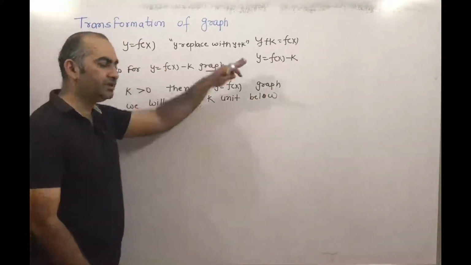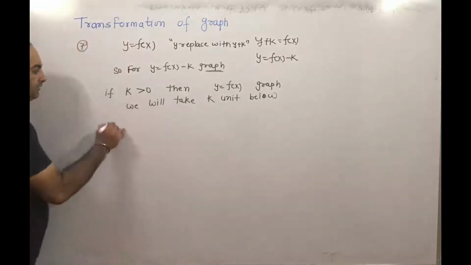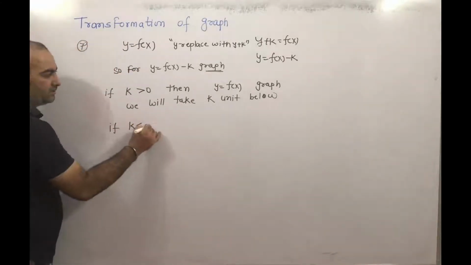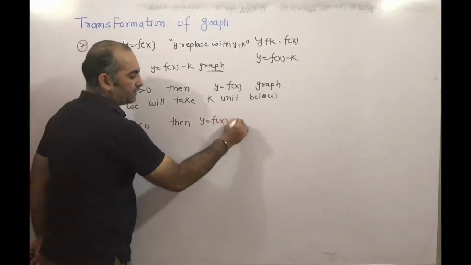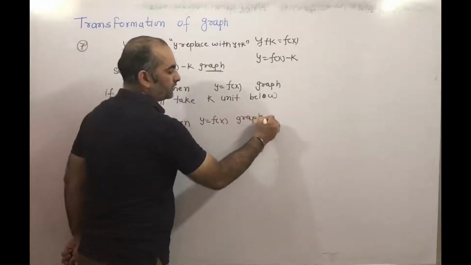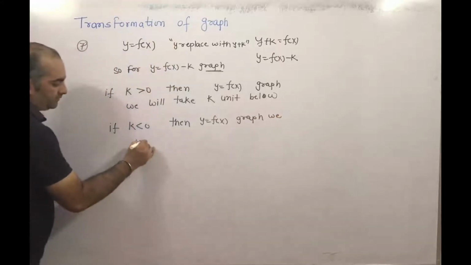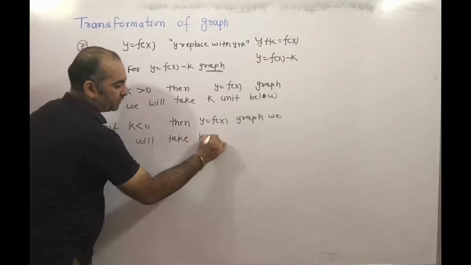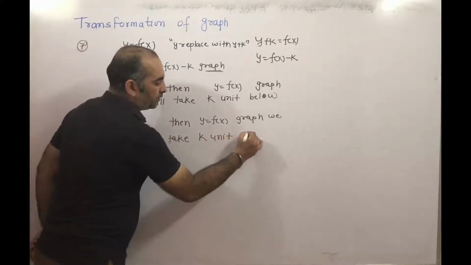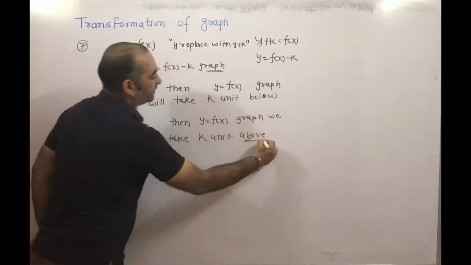That means we will take k units down. If k is less than 0, then in the y equal to f(x) graph we will take k units above.